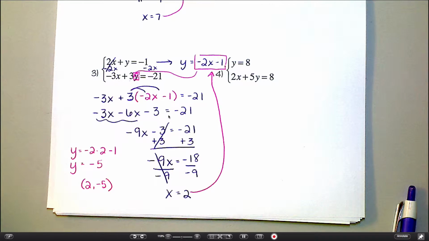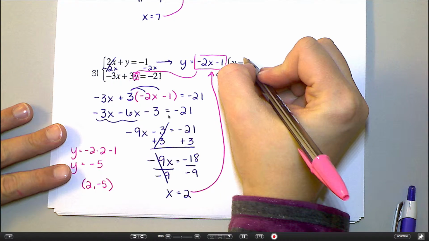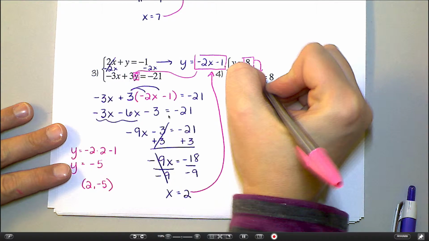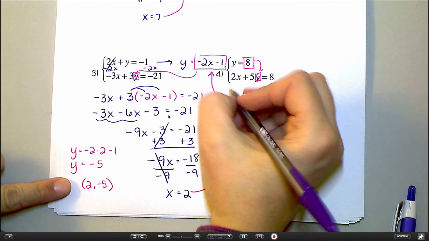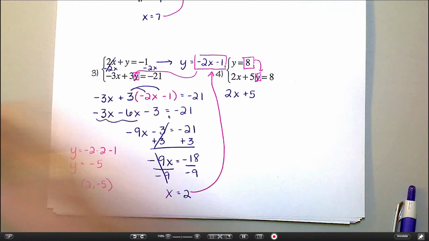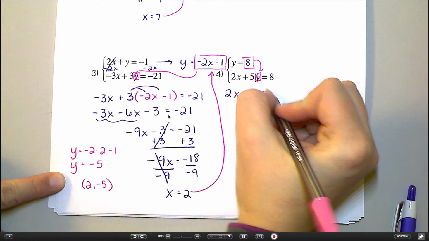All right, one more. That's just a little bit weird. It's really not that bad. At the beginning, I already have a y by itself, right, in that next one, so that's good. So y is equal to 8, so that tells me I can put an 8 right down here. So I'm going to have 2x plus 5 times 8 equals 8.